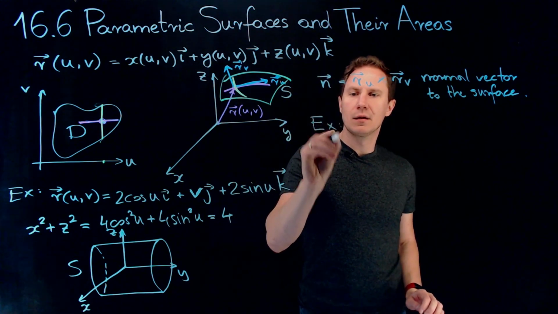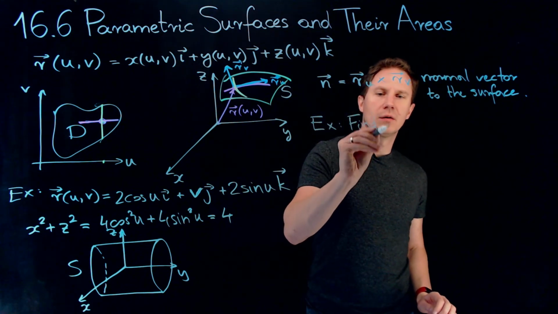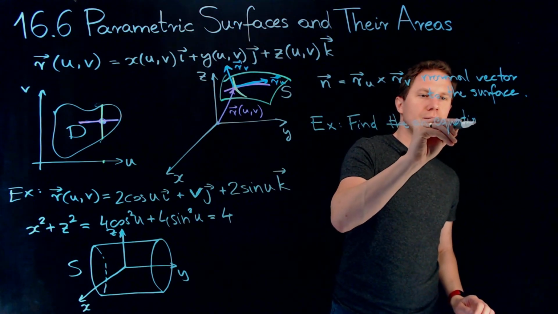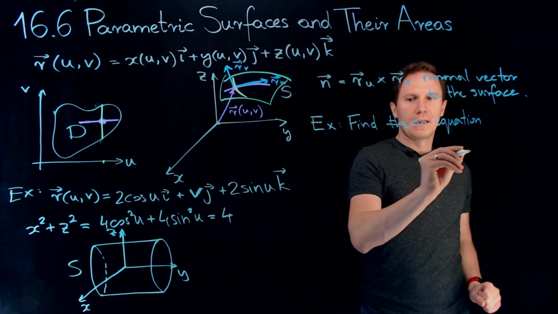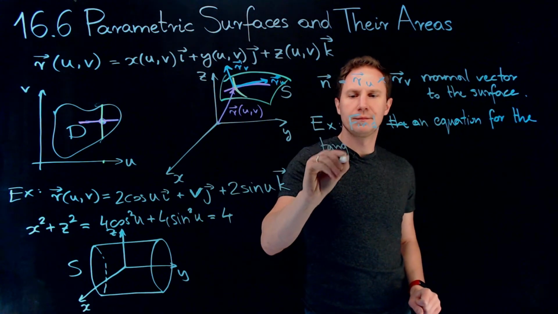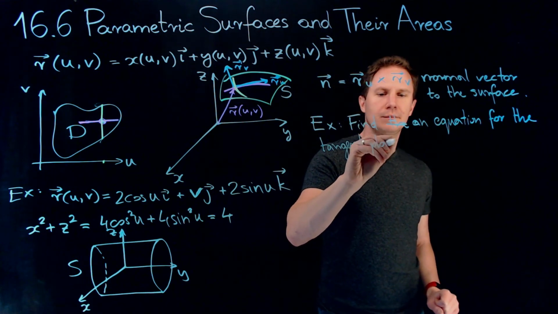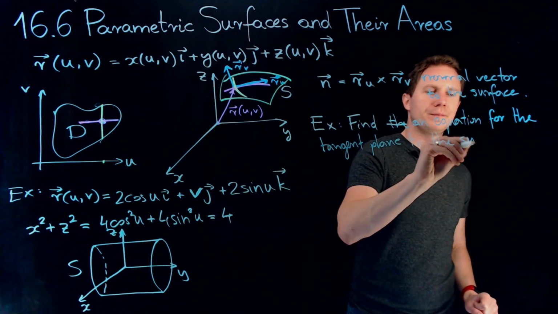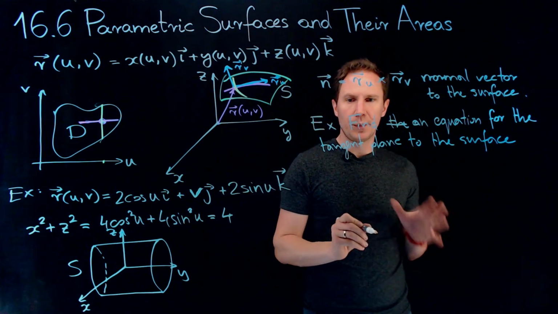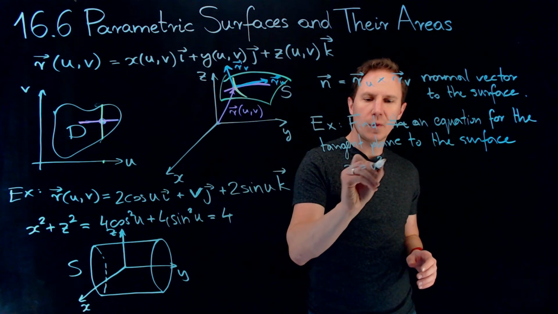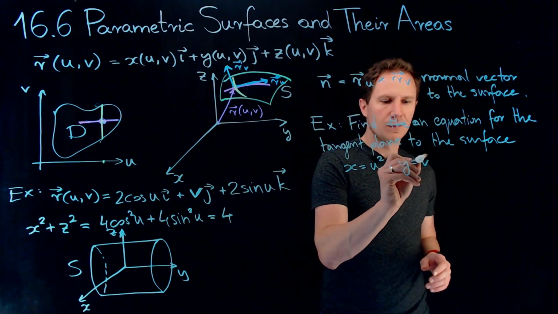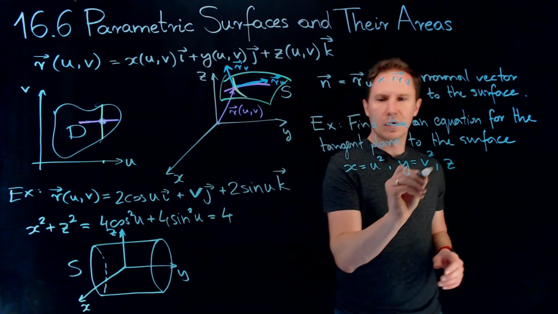Let's find the tangent plane, the equation, well, an equation for the tangent plane to the surface given to us by the vector function whose components are x equals u squared, y equals v squared, and z equals u plus 2v.